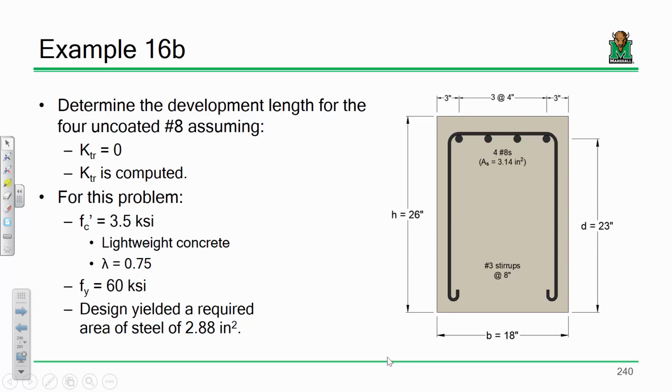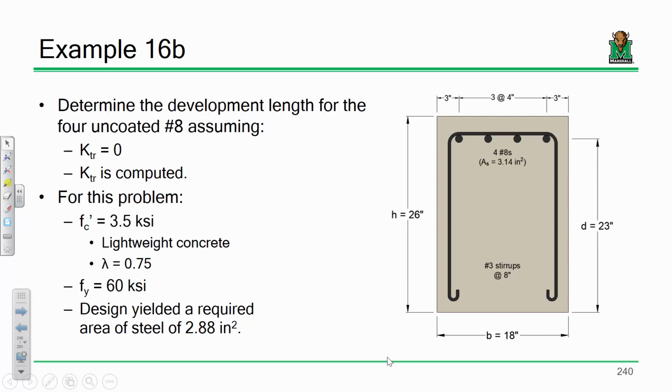So in this problem, the engineer provided us what that required area of steel was, and it came out to be about 2.88 square inches. And then the engineer took that 2.88 square inches and went to the rebar charts and said, okay, I'm going to use 4 number 8s. And if I use 4 number 8s, it has an area of steel of 3.14. So is that enough steel to meet this requirement? Yeah. In fact, it's more, right?